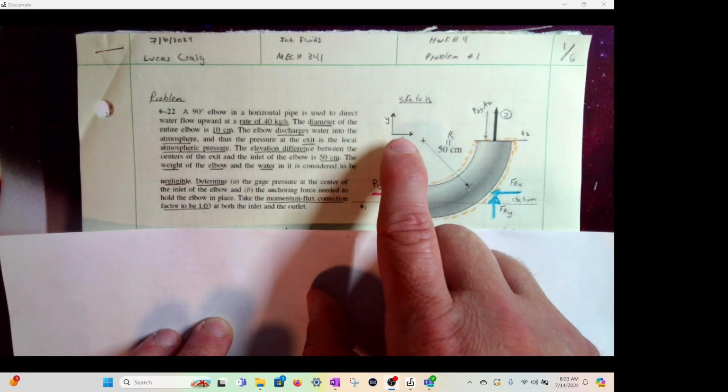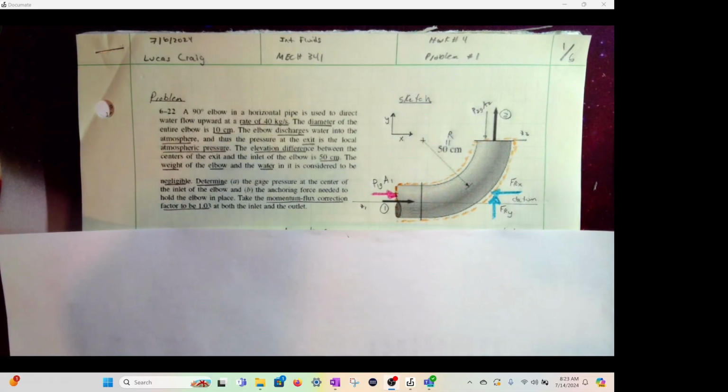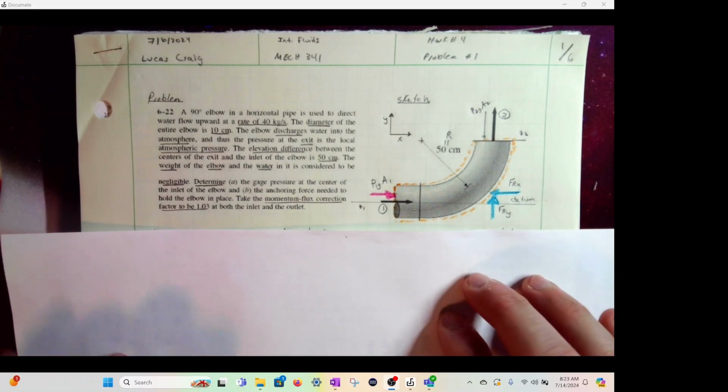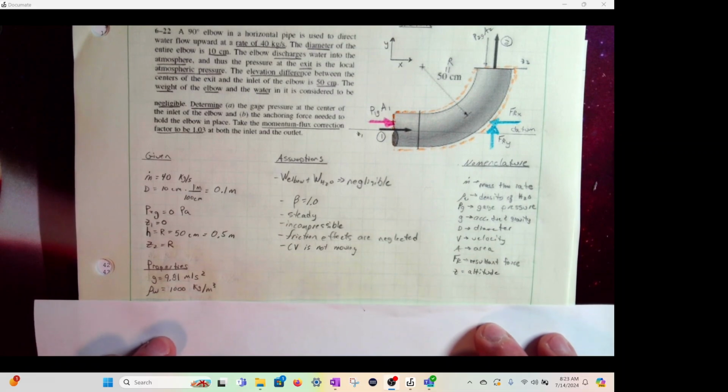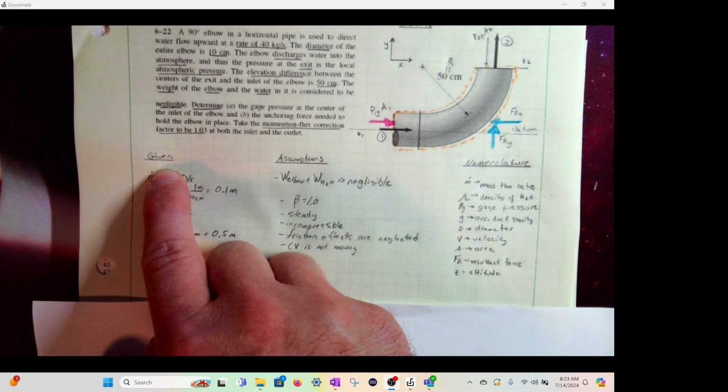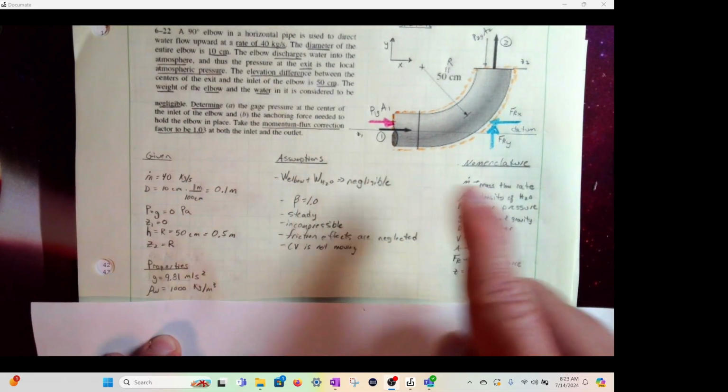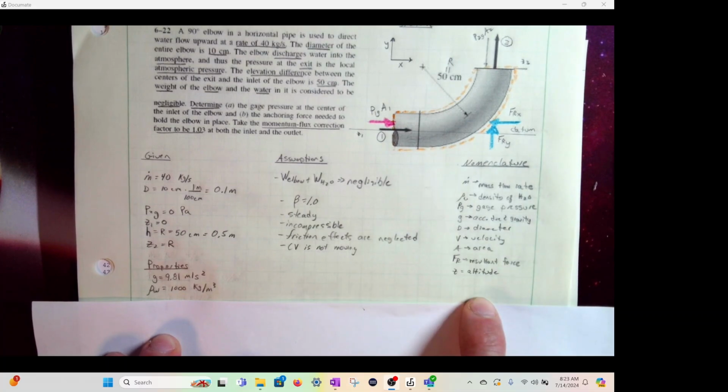All right, so now we have the problem and the sketch. There's a lot of information already extracted in your brain. And now what you need to do is write down the givens, write your assumptions, and nomenclature.